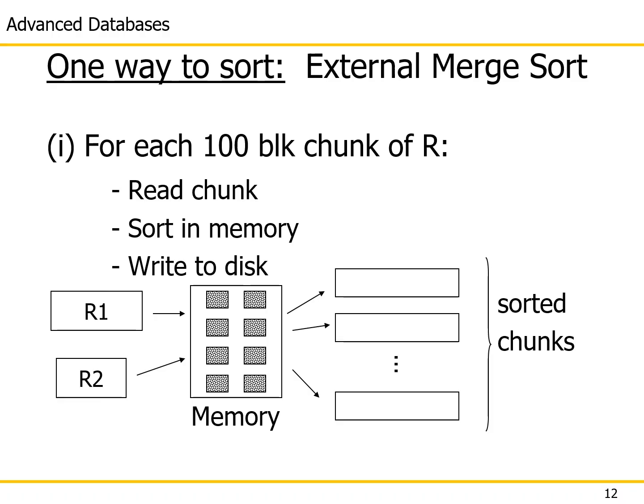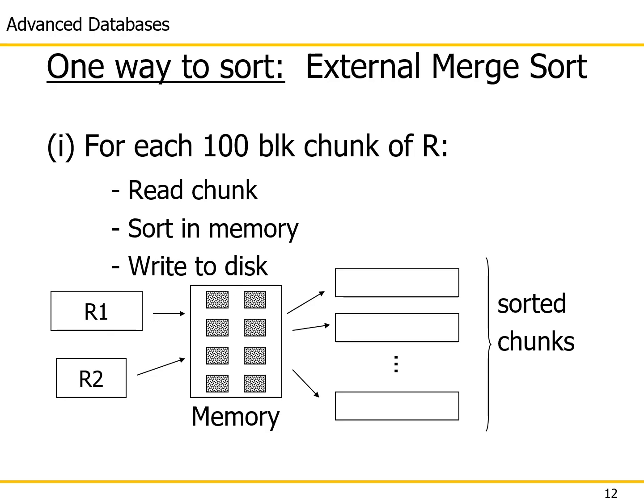In the first phase, we are going to read individual pages from disk to memory, and then we sort the page in memory locally. Local sorting means within the page, and then we put it back on disk. I'm loading page by page, sorting it.